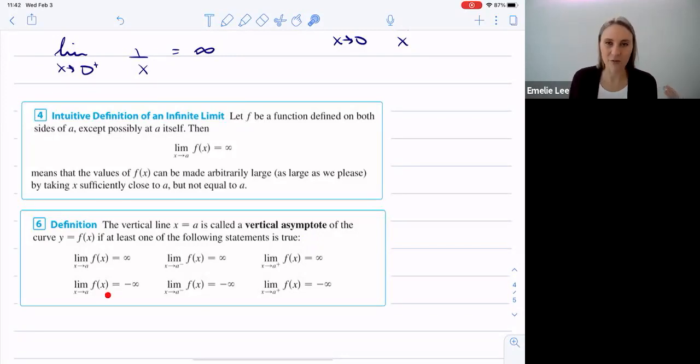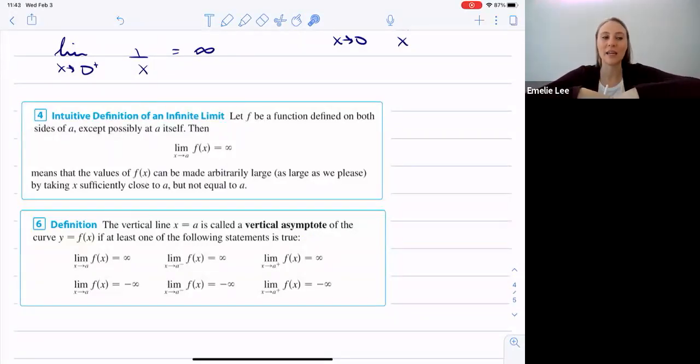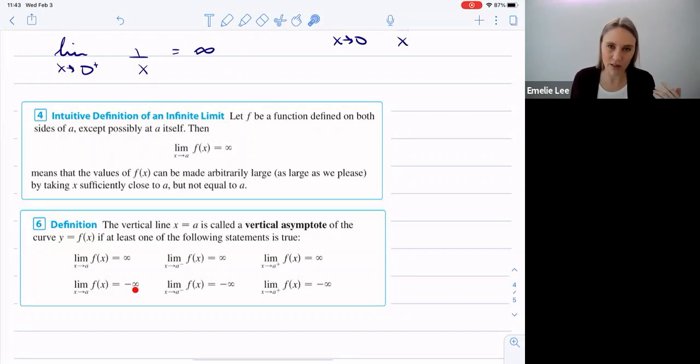Same thing here. If they're both heading towards negative infinity, then we can say that the overall limit is negative infinity. And then we can talk about the one-sided limits, but ultimately, if you have any sort of behavior towards infinity, then you've got a vertical asymptote there. Okay.